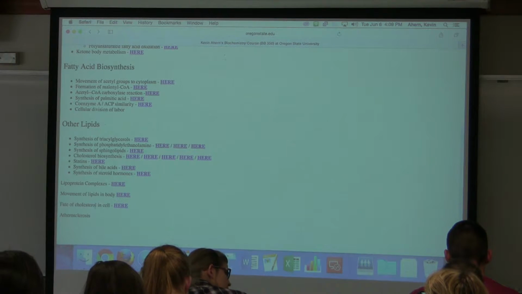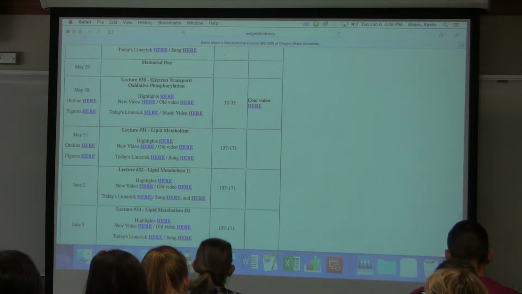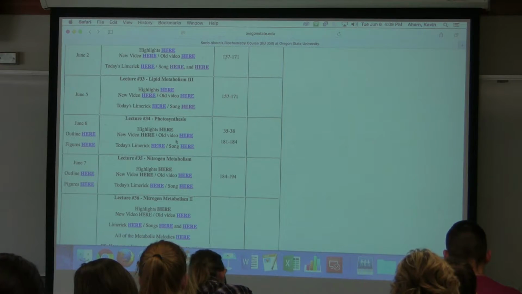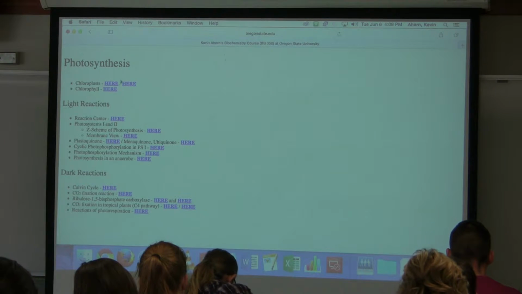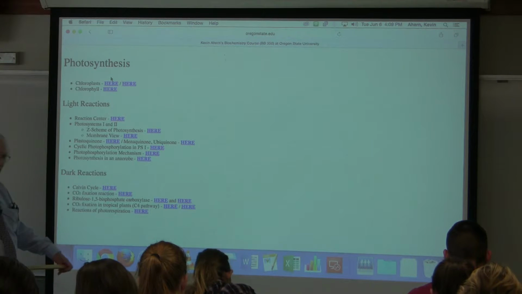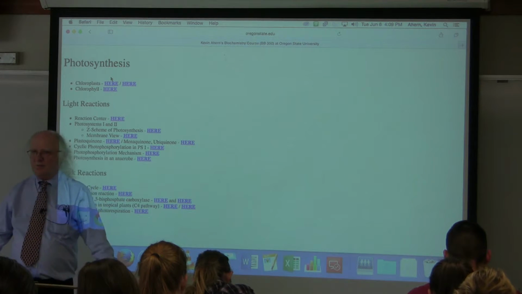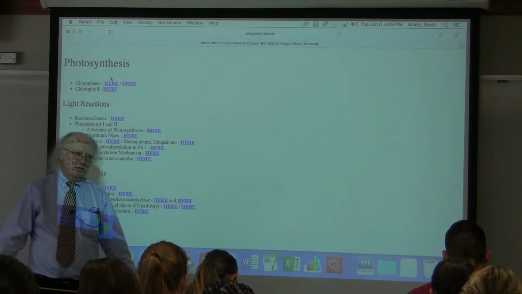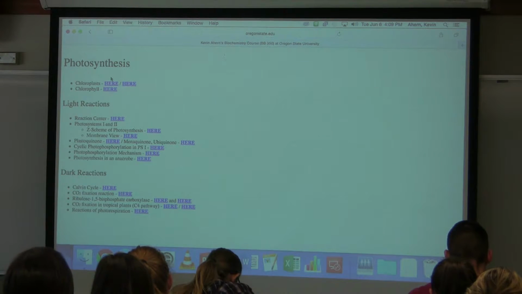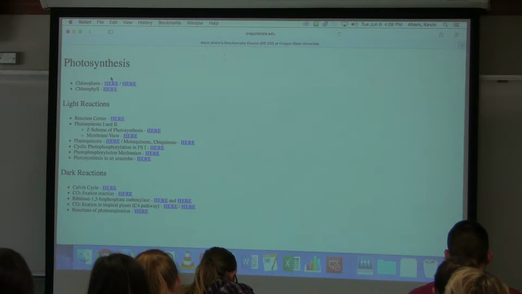Well, let's move on to talk about photosynthesis. So photosynthesis is responsible for the harvest of energy on the planet Earth. Plant cells and photosynthetic bacteria are the solar cells of our planet.